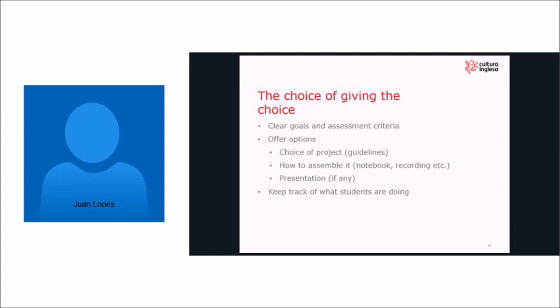I think it's very important that we keep track of what students are doing. So again, keep a record of their performance, their preferences, their difficulties, their aptitudes, what parts of the project have been easier for them, what parts have given them a hard time, and are my students moving on with the project?